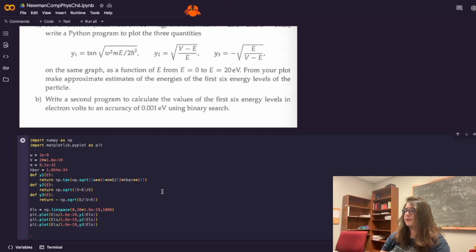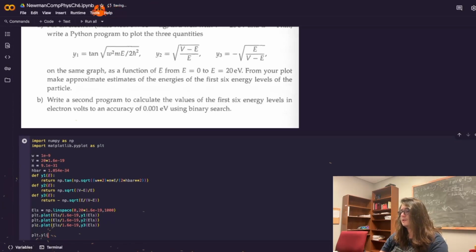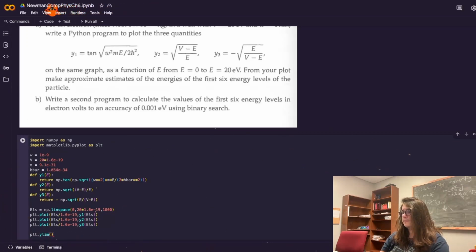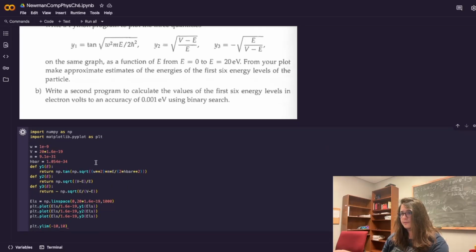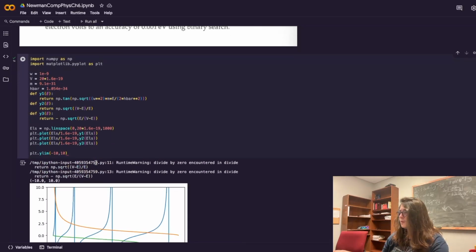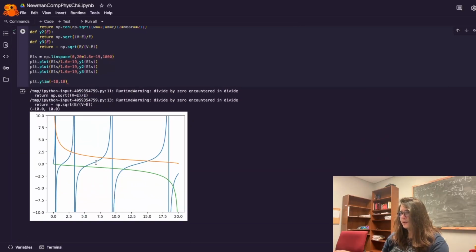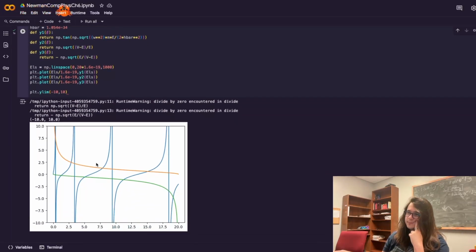So I am going to limit the y-axis here to only run from minus 10 to 10, so we don't have it shooting off to infinity when we're trying to look at it. But okay, here is what that plot looks like.